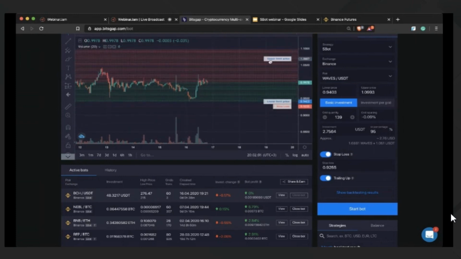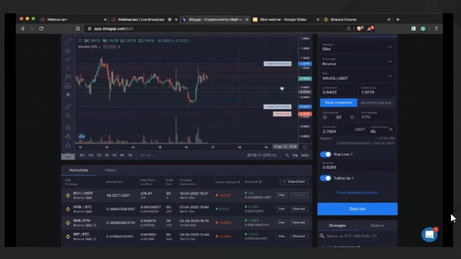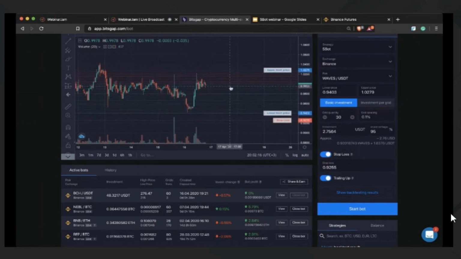But if I would, let's say, have a narrow sell zone with only 30 grids, see that in this case I must have more of the quote currency to initiate the bot rather than the base currency, Waves.